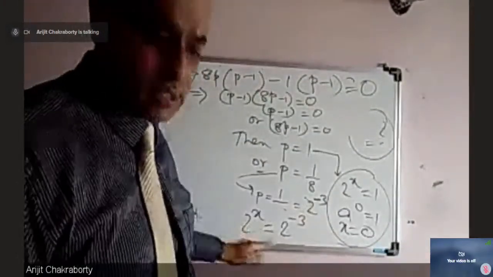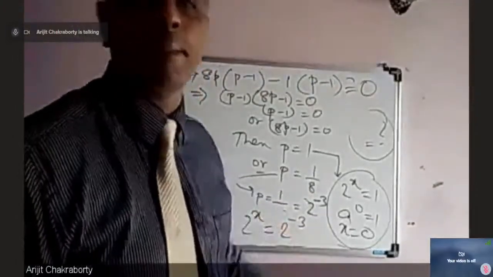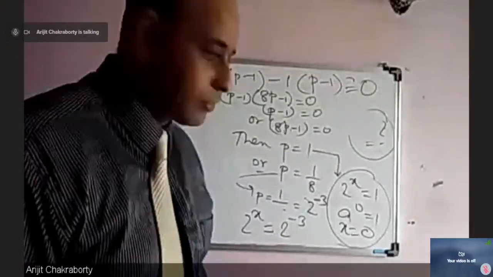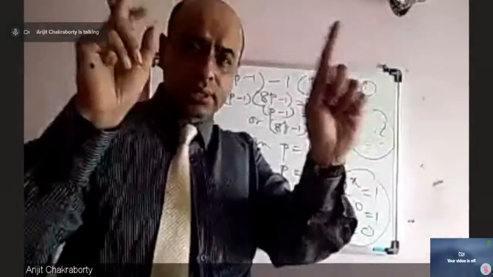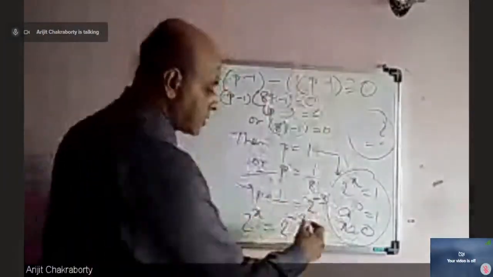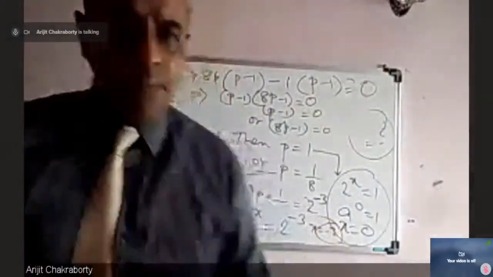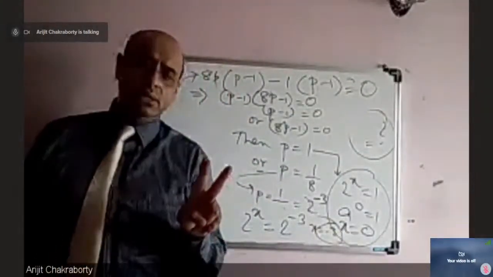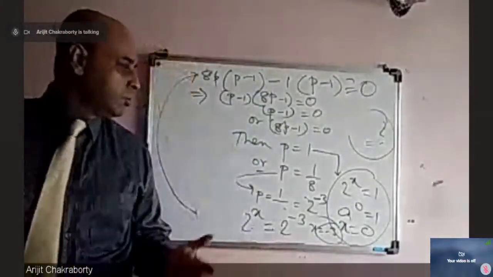If the base is same, the index also has to be same. So x is equal to minus 3. So for this problem, you have two solutions. x is either equal to 0 or x is equal to minus 3.